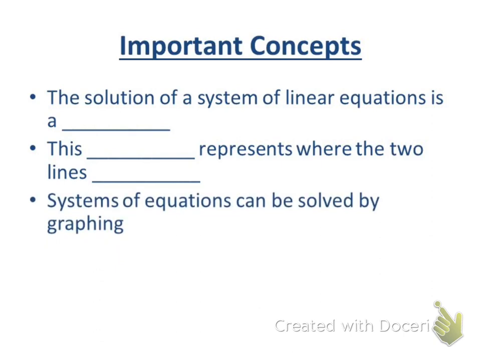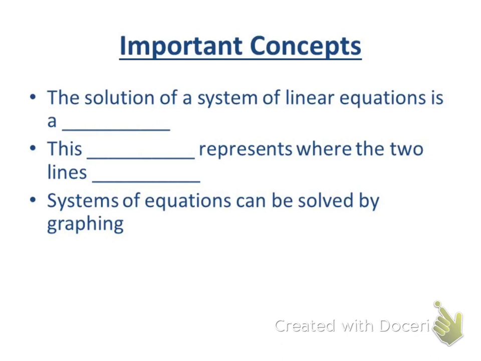You can sketch the graph of the two lines, find the point of intersection, and that point of intersection is the solution to the system. We did that by hand, and we also did it using the graphing calculator. We'll go over that syntax tomorrow when we review for the Unit 6 test.